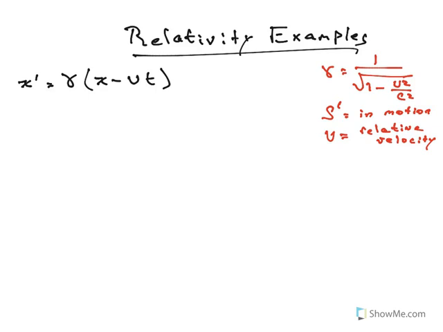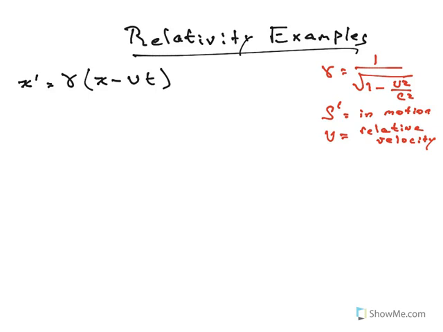There's no way to experimentally verify that the Earth is stationary relative to the background of the universe or something like that. There's no such thing. So you always state one of the observers is the stationary one, and then the other observer must be the one in motion, and they would get the prime stuff.